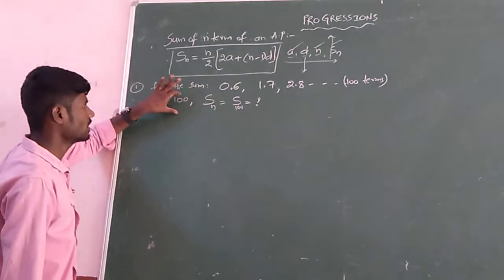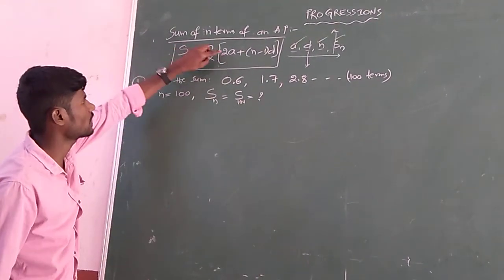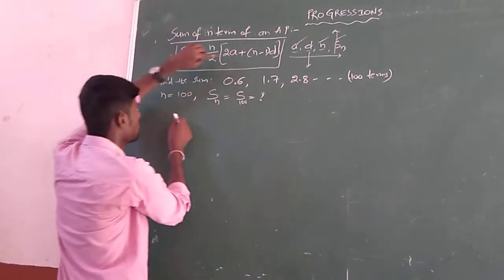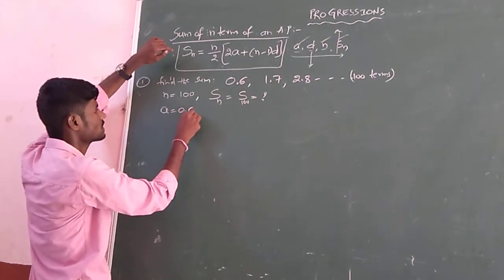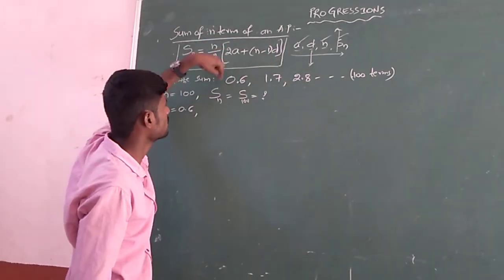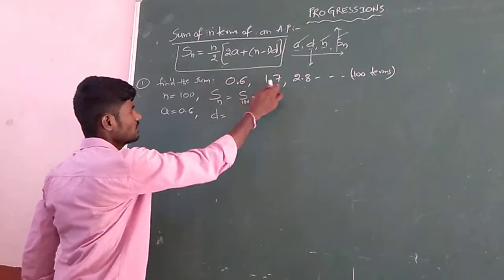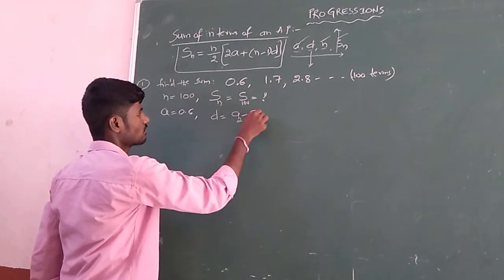Now, n is given in the formula to find Sn. A is also given; the first term is 0.6. Next, D we need to find from the given AP. How can we find D? It is the difference between successive terms, A2 minus A1.